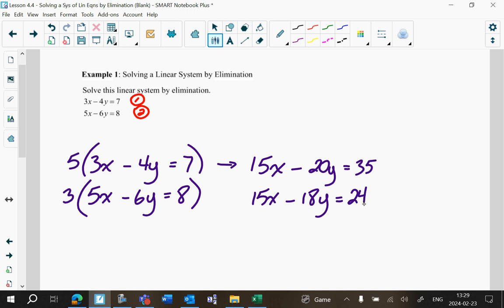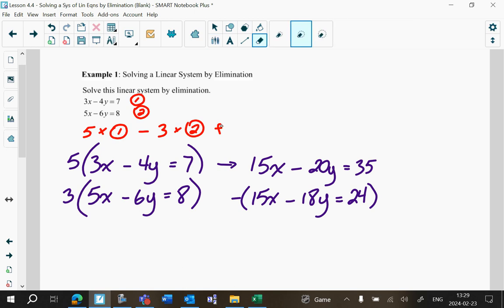Now I can subtract them. So what did we do here? We did 5 times equation 1 minus 3 times equation 2, to eliminate x.